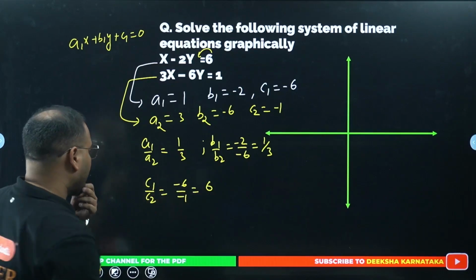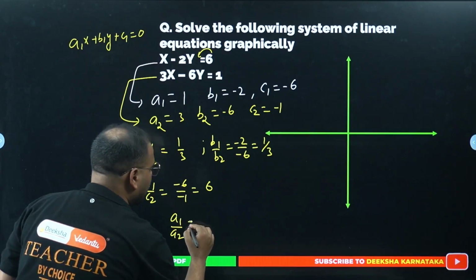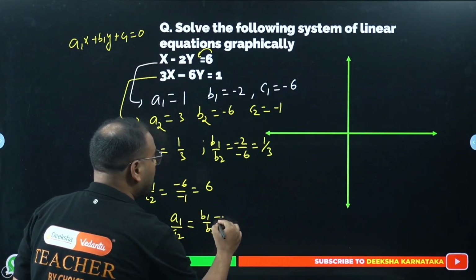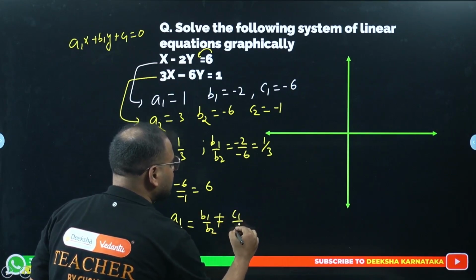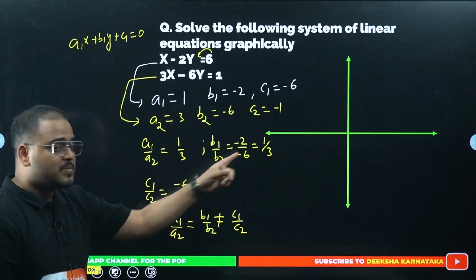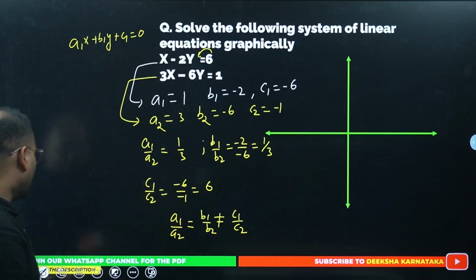So what are we getting? We are getting A1 by A2 equal to B1 by B2 but not equal to C1 by C2. Let's go back and check.